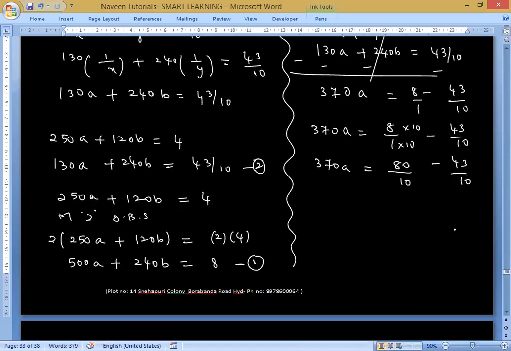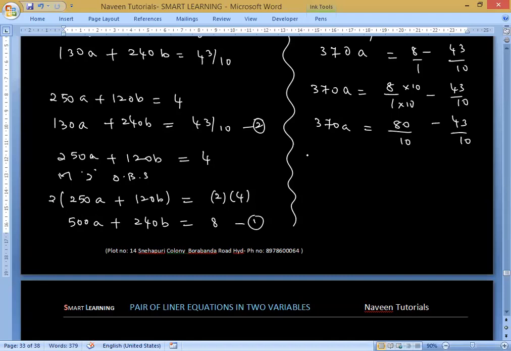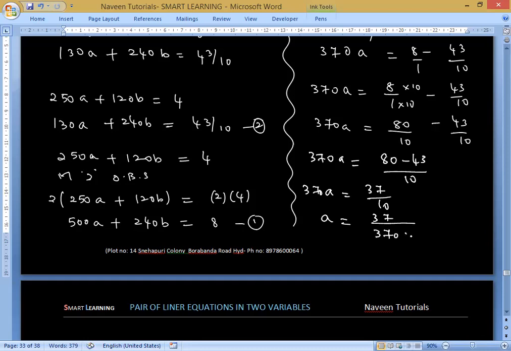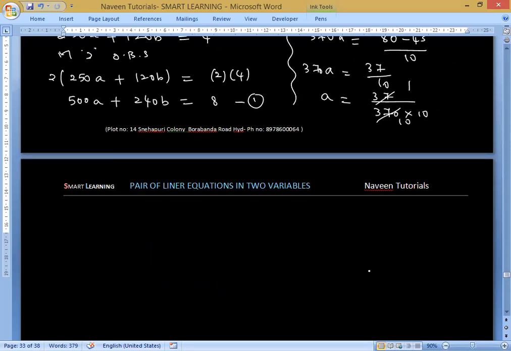So 370A is equal to 80 minus 43 by 10. 80 minus 43 is 37, so 37 by 10. Then A is equal to 37 by 370 into 10. 37 ones are 37, 37 tens are 370. So A is equal to 1 by 100.